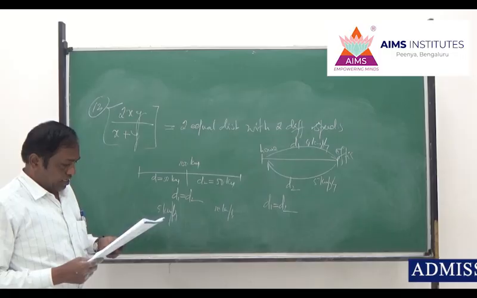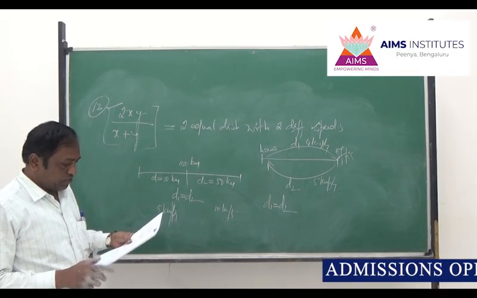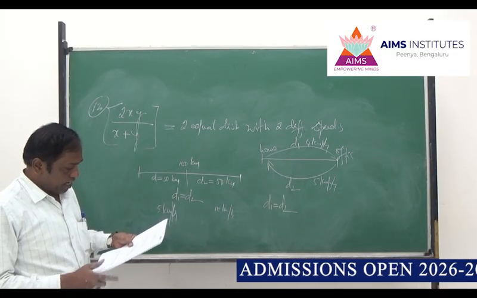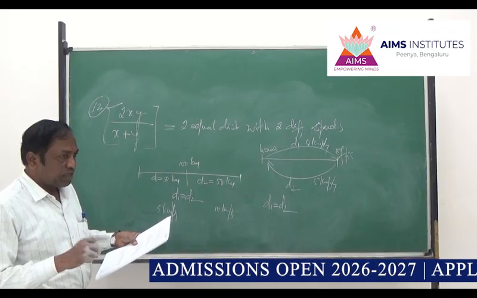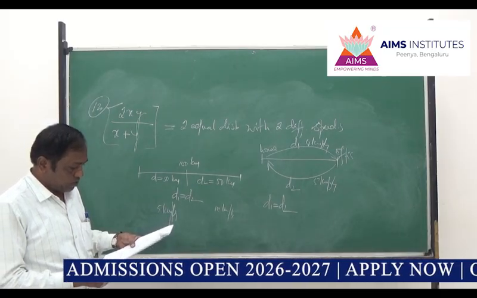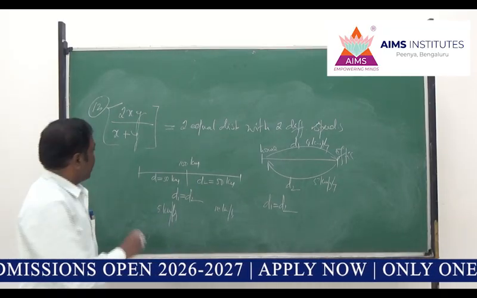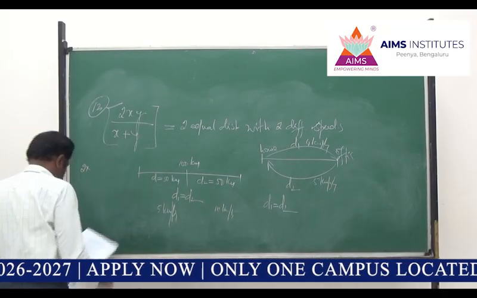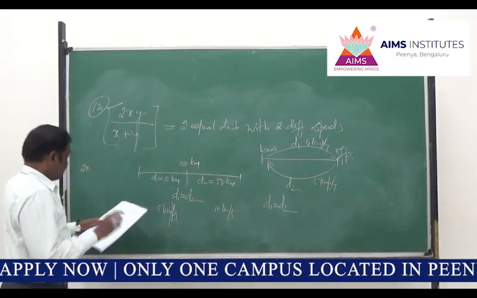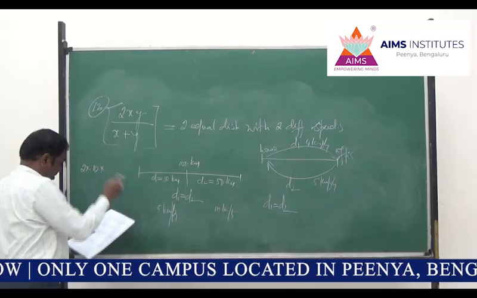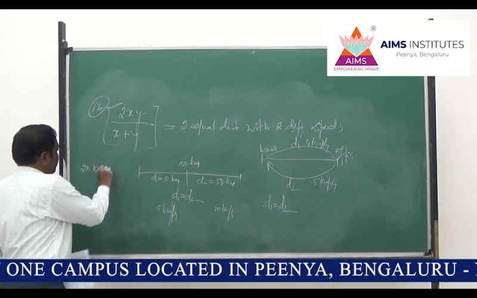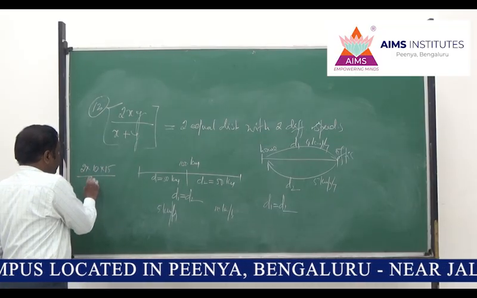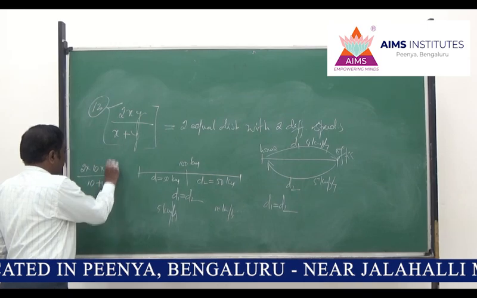Now you can see the question. If a man goes to a place at an average speed of 10 kilometers per hour and then returns at the average speed of 15 kilometers per hour, find the average speed during the whole journey. Again, 2 into 10, going with 10 kilometers per hour, returning with 15 kilometers per hour, by x plus y, 10 plus 15.